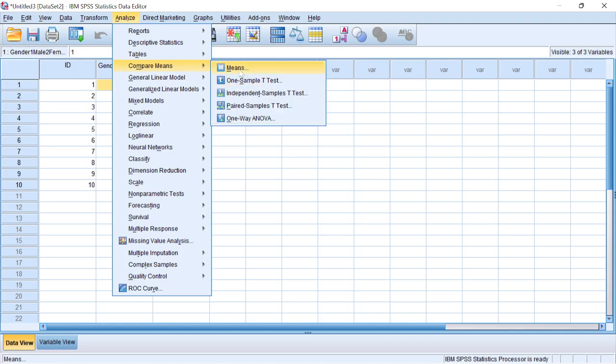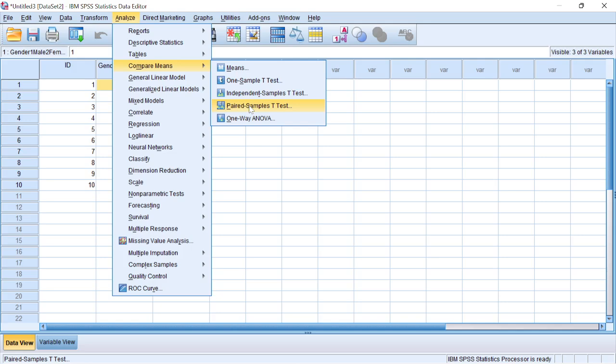You can see the one sample t-test, the independent sample t-test, which is the commonly used type of t-test, and in this case you are trying to compare two groups that are independent of each other. By the time we start today's class, you will understand better. Then the paired sample t-test is when you are still working on the same group, but at a different time.